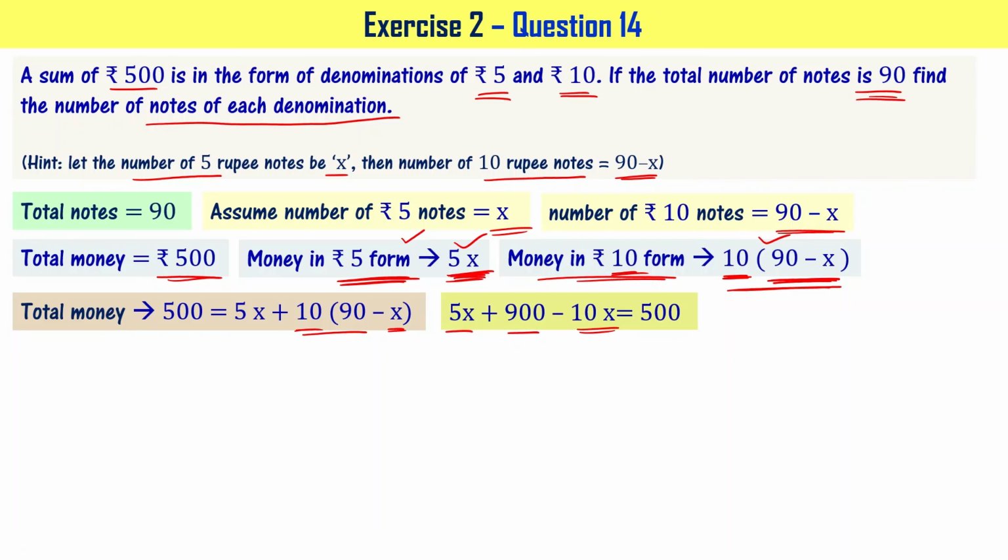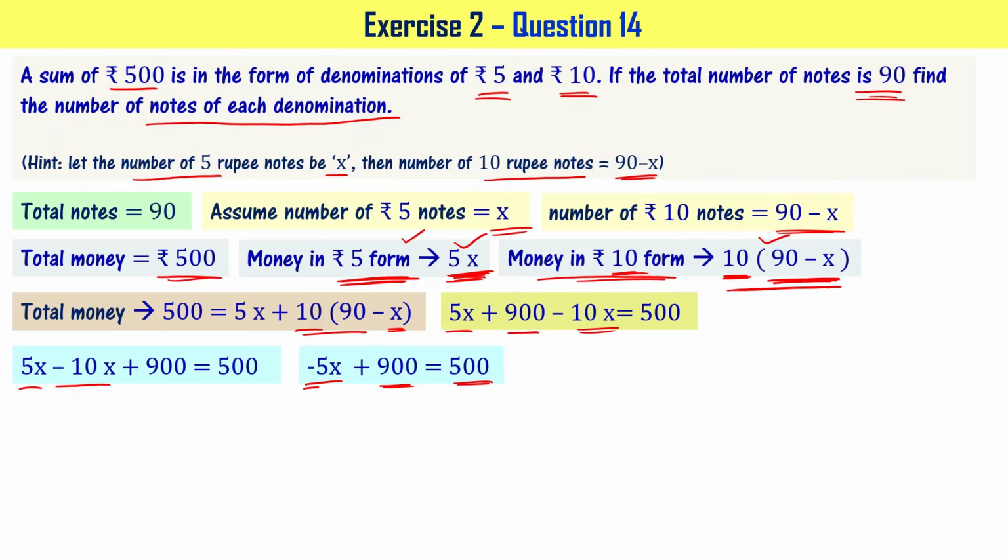Let me now further simplify this so that I can write it as minus 5x plus 900 equal to 500, right? Minus 10x plus 5x, when you add these two, you get minus 5x, right? Write plus 900 as is so that it is equal to 500. It is a linear equation in one variable, right?